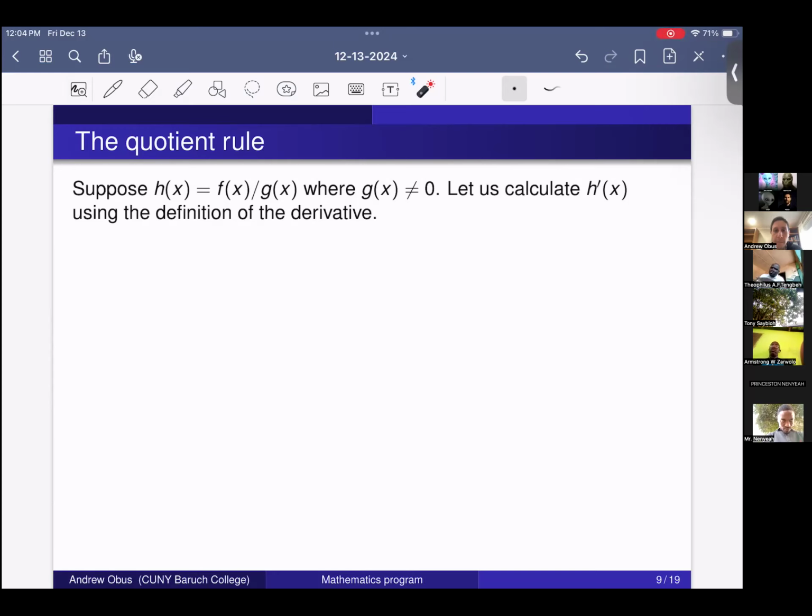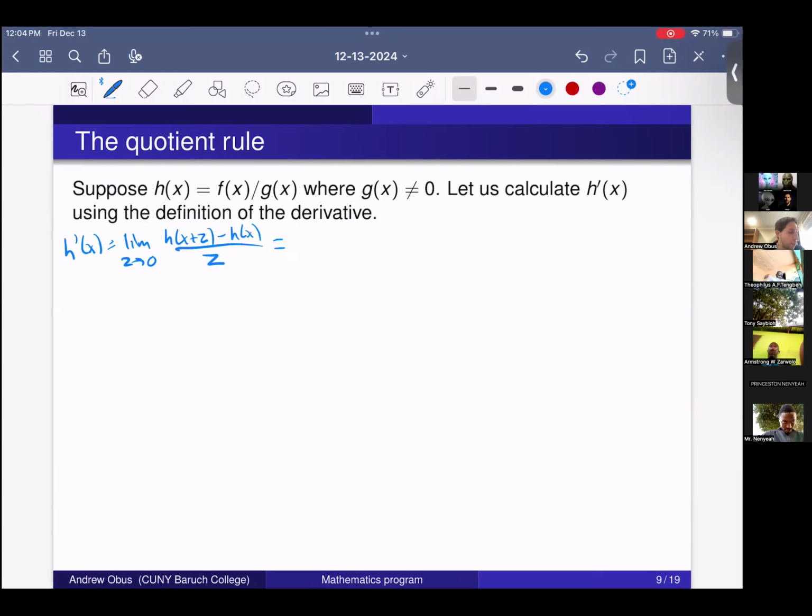Well, let's see. Again, we're just going to use the definition of the derivative and see what we get, right? So h prime of x, by definition, is the limit as z goes to 0 of h of x plus z minus h of x divided by z.